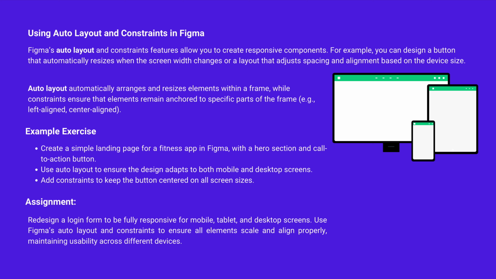Auto layout automatically arranges and resizes elements within a frame, while constraint ensures that the element remains anchored to a specific part of the frame. E.g., you can left align an item, center align. But enough of this, let's jump back to Figma and practicalize all of this.